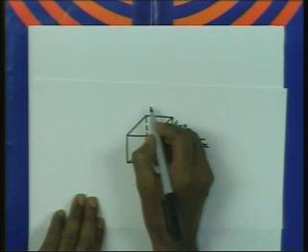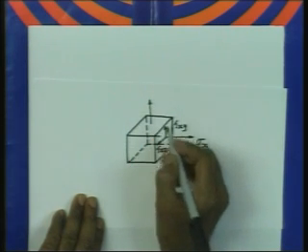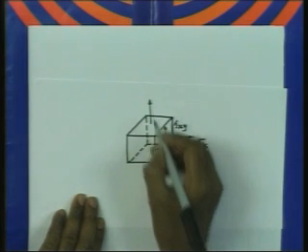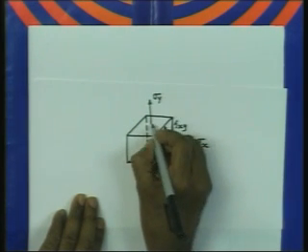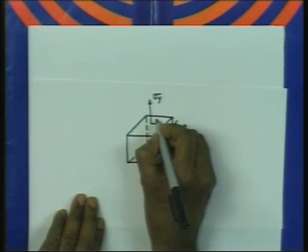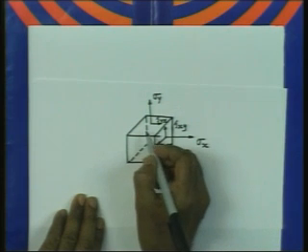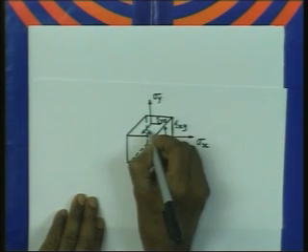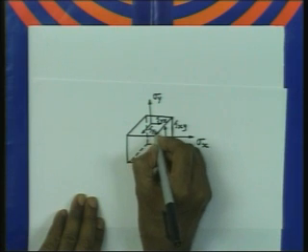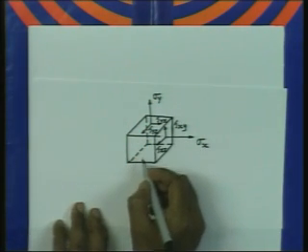Similarly, the stresses acting on this face, which is perpendicular to y, are sigma y, then we have tau yx, and this is tau yz, sorry.